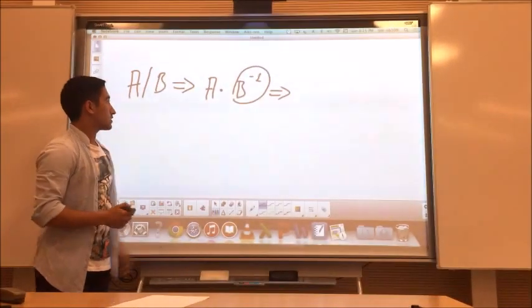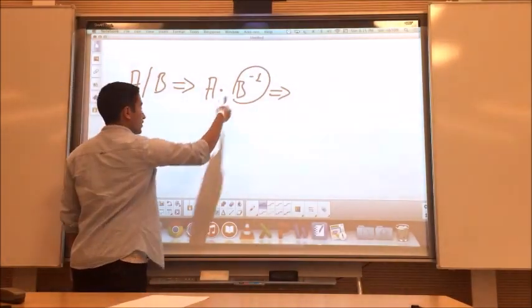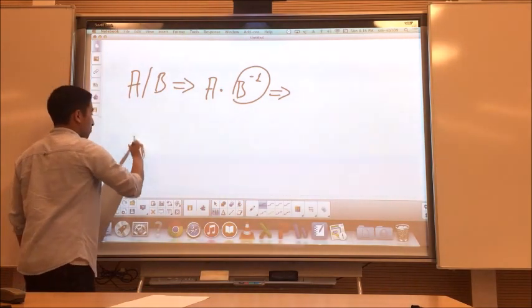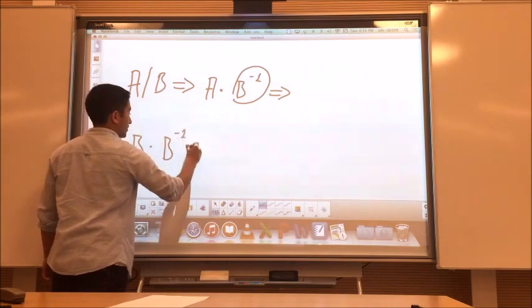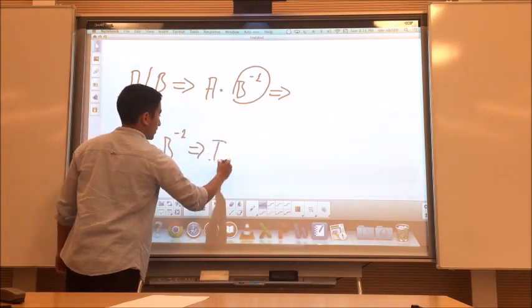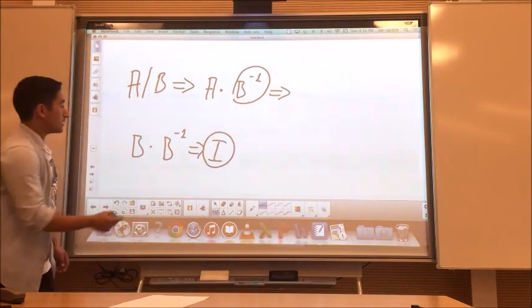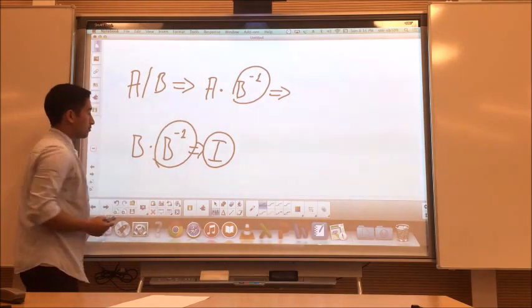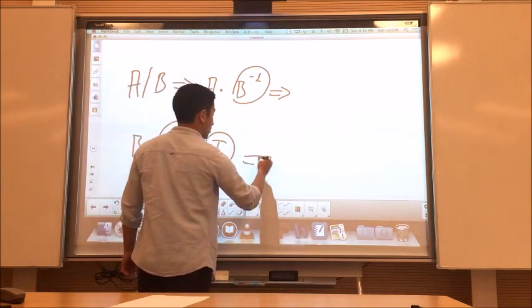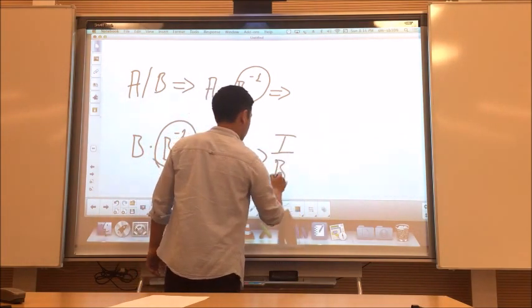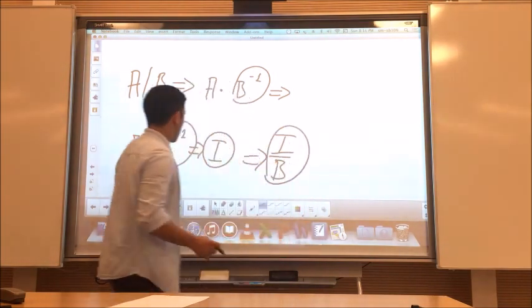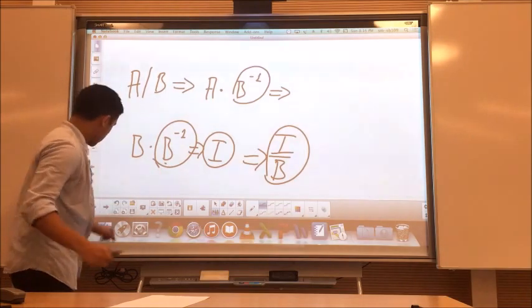But how to find it? As we know, B multiplied by B minus 1 will give identity matrix. We can find that this one is equal to identity matrix.